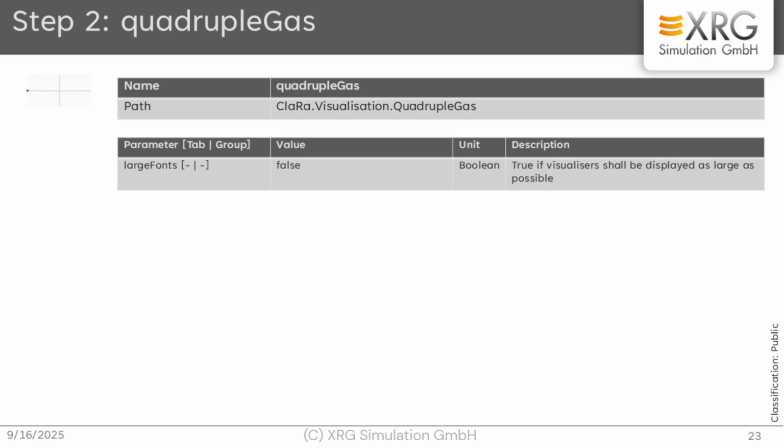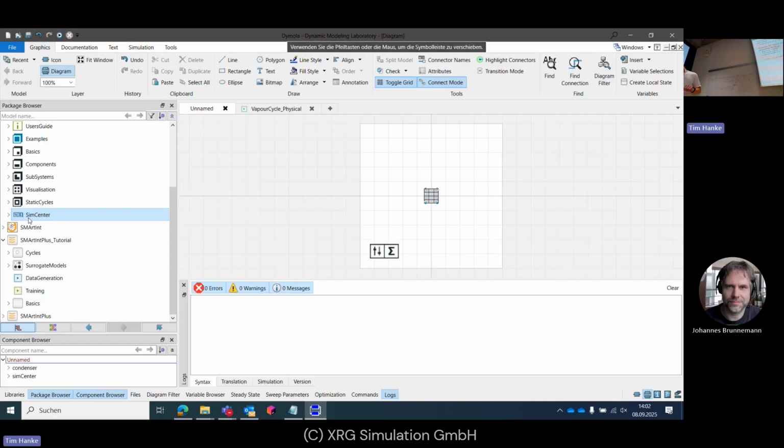Maybe you could comment on the color of the interfaces, because the components look very similar, but they have different meanings. Like Stefan said, there are different colors. In the Clara library, for those of you who never worked with it, there are different ports. At the top there are some gray connectors.